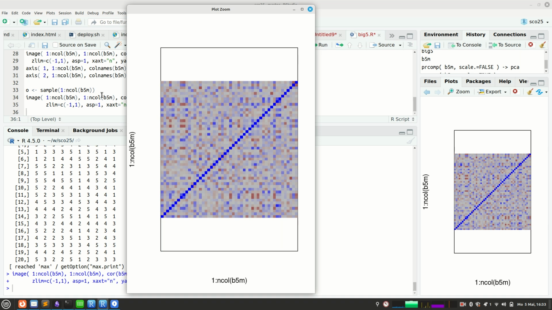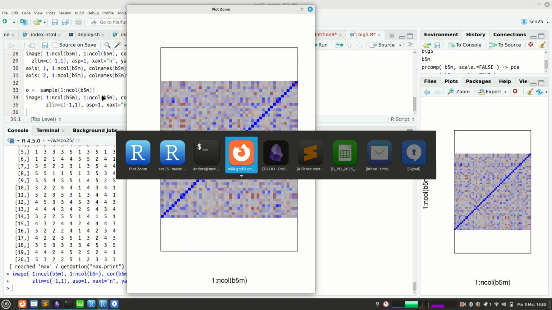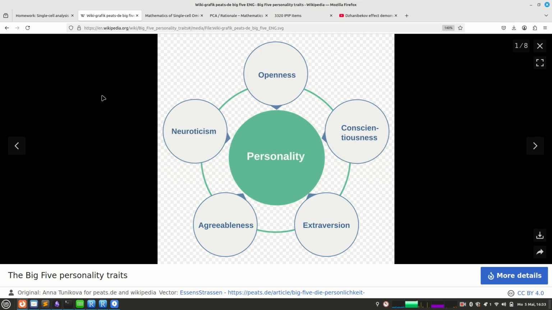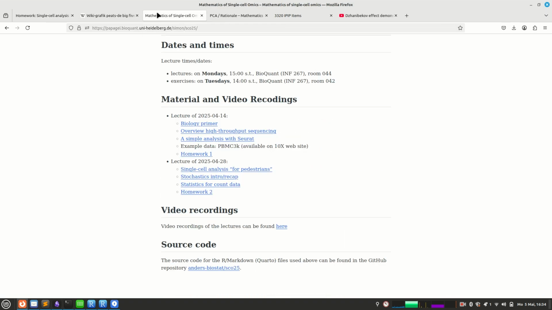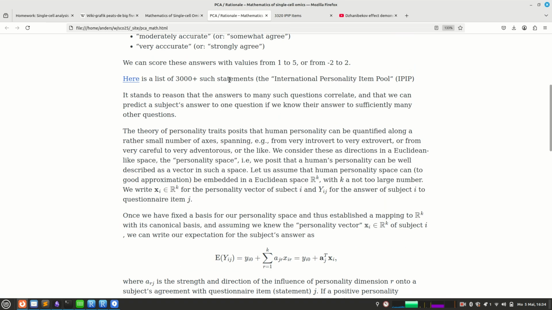The main disadvantage of PCA, which we shouldn't forget, is that it's a linear operation. Our fundamental assumption, which we made at the beginning, is that our prediction of what the subject will answer to the question can be constructed from the subject's personality in a linear way. And even for the questions, this is already an issue.